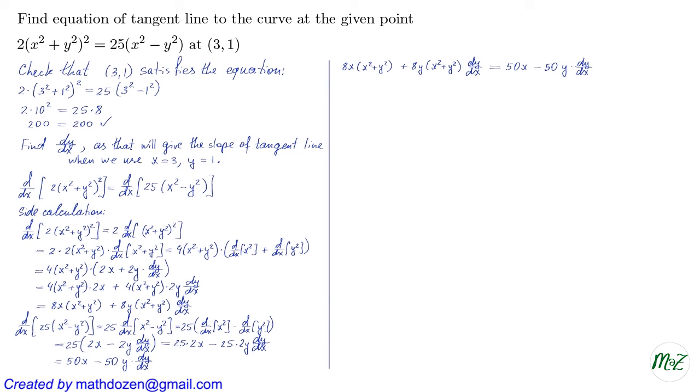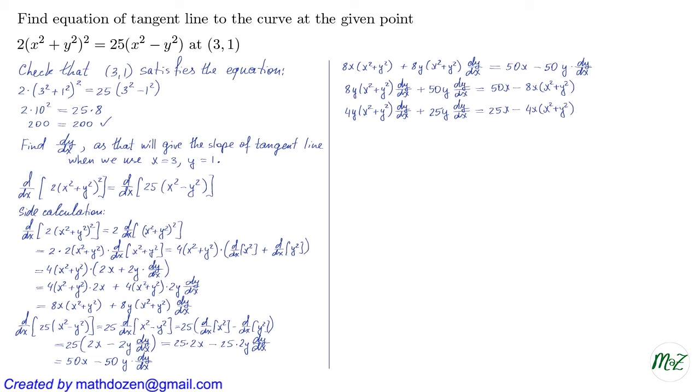So now we're going to move the dy over dx term from the right to the left, and this clean term from the left to the right, so that we have this version of the equation. So we have 8y times x squared plus y squared times dy over dx plus 50y times dy over dx equals 50x minus 8x times x squared plus y squared.